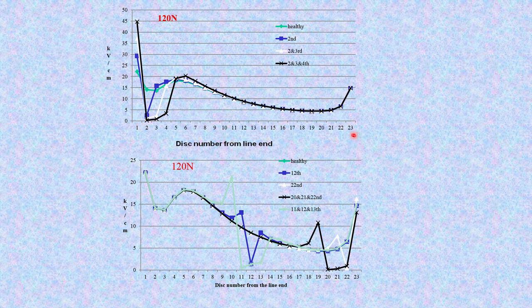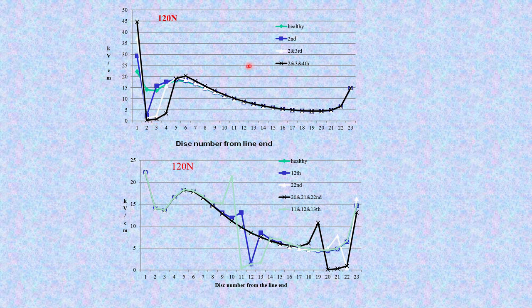This is for a 400 kV transmission insulator string, where actual field conditions, taking into account the corona control rings and necessary hardware, have been considered in the simulations. The green graph indicates the healthy condition, and you see how it gets modified in case the second disc from the line is faulty.